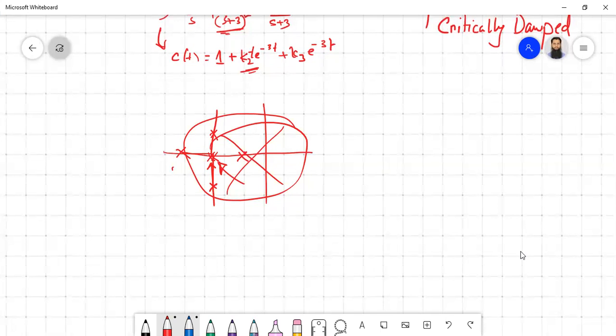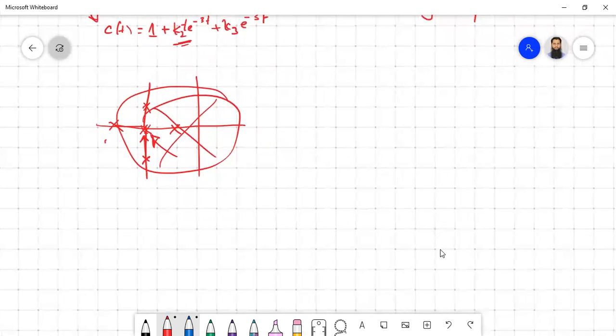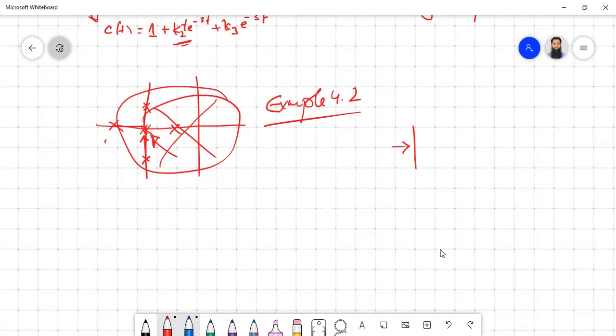Okay, so they have given one example of an underdamped case. Let's also have a look at that one. Example 4.2. A system with step input is given as 200 divided by s square plus 10s plus 200.